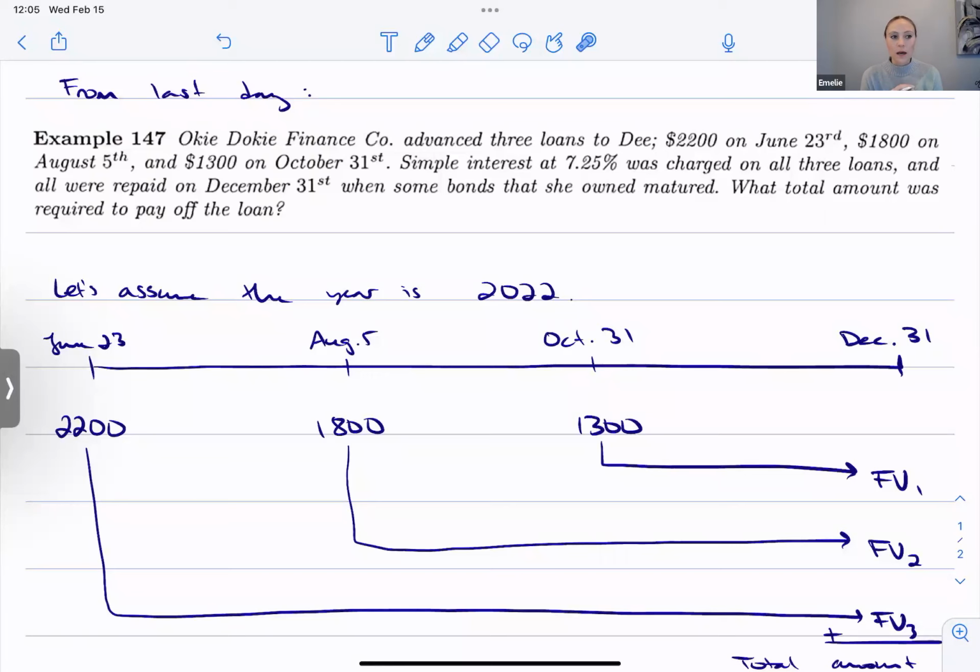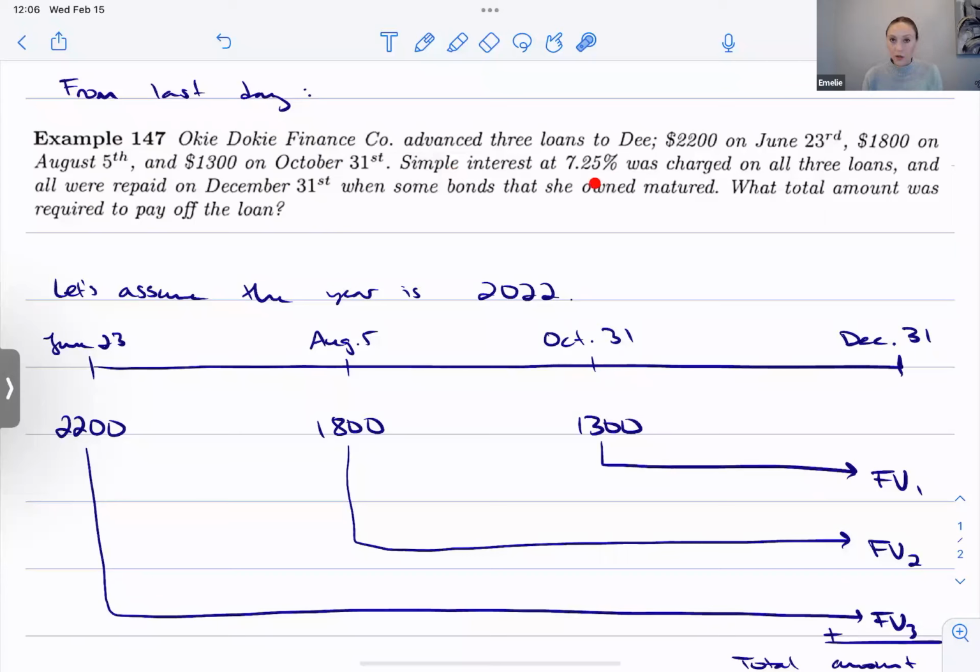Okay, so simple interest is where you are earning interest for some amount of time and then it's tacked on at the end, and then that's the total value after some period. Okay, so that's something to keep an eye out for, not in this chapter because it's the only thing that we're dealing with, but later when we start talking about compound interest, then you need to decide, okay, is this a simple interest problem or a compound interest problem, right? And so that's why I'm pointing it out now.